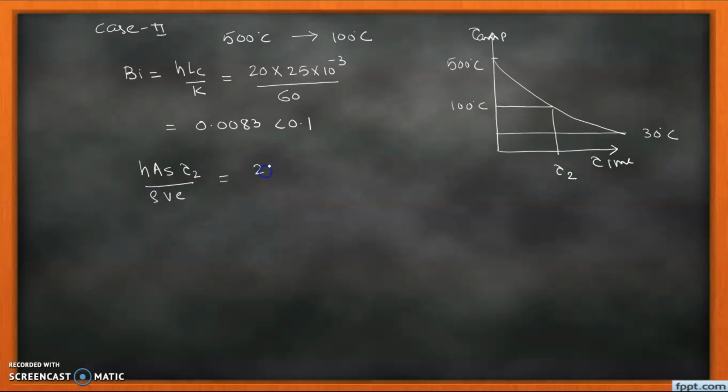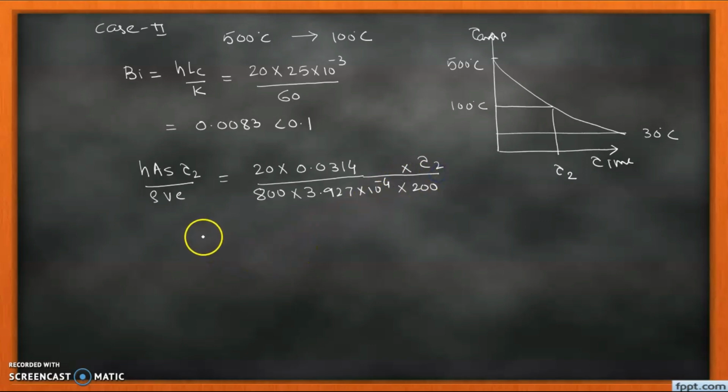So the value of h is 20. As we have already calculated, that is 0.0314, divided by the density, 800 for the material. The volume we have calculated, and that is 3.927 into 10 to the power minus 4, and the c value is 200 and the time is given, that is tau 2.